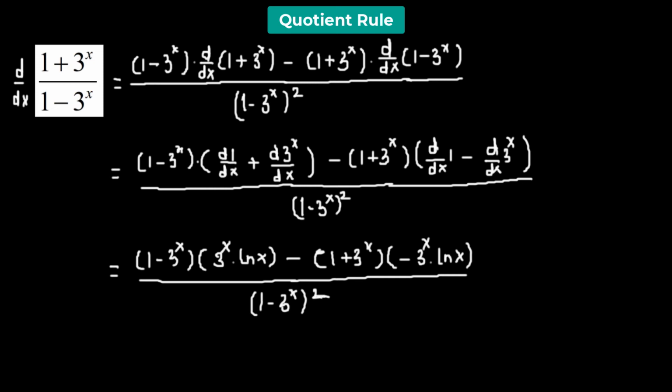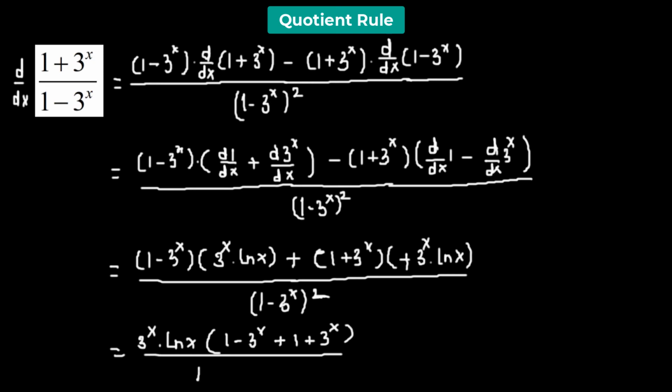Now the second term in the numerator will become positive because negative times negative is positive. Now we can take 3 raised to the power of x times natural log as the common factor from both the two terms in the numerator. That leaves us with 1 minus 3 raised to the power of x plus 1 plus 3 raised to the power of x, whole divided by 1 minus 3 raised to the power of x whole squared.